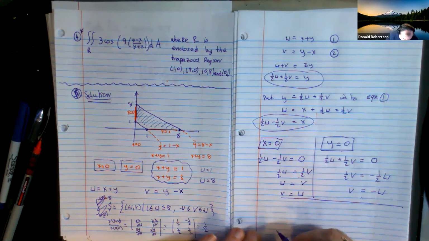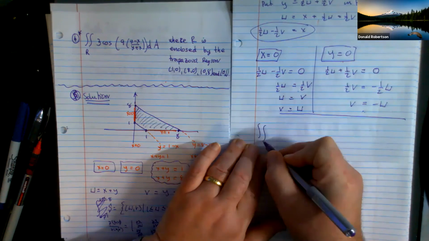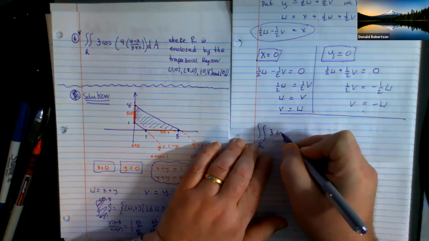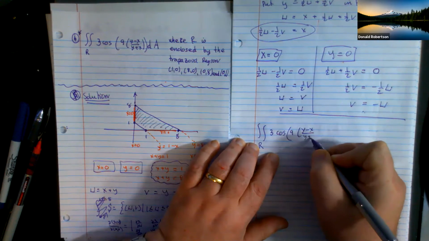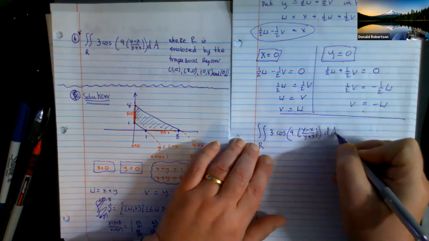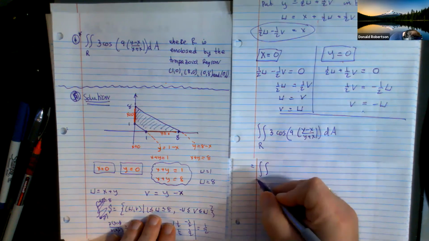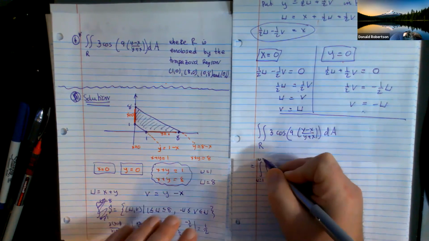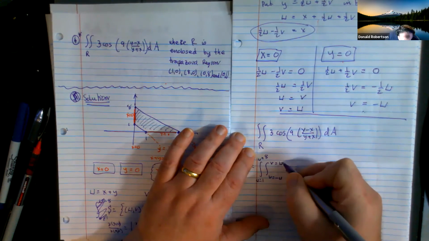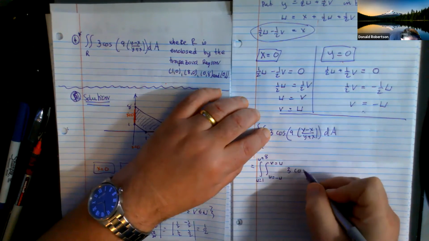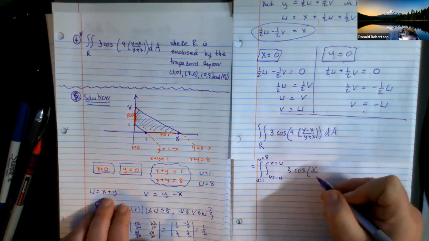So the original integral over region R, 3 times the cosine of 9 times (y minus x) over (y plus x), dA, is going to be transformed into the region S, which is from u equals 1 to u equals 8, and from v equals negative u to v equals u. 3 times the cosine, instead of y minus x over y plus x, we have v over u.